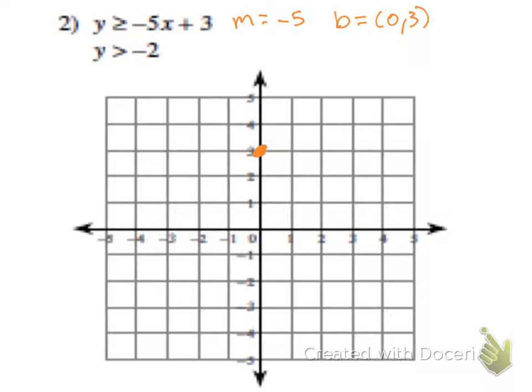So I'm going to mark my y-intercept, and I'm going to go down 5, right 1: 1, 2, 3, 4, 5, right 1. And I will have a solid line because it is greater than or equal to.